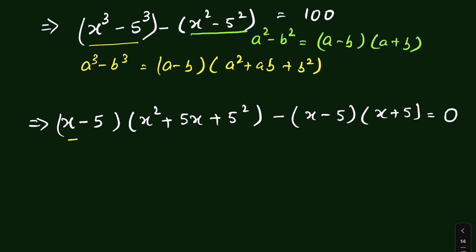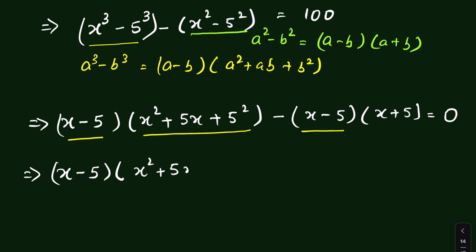Now here x minus 5 is a common factor, so we can write x minus 5 as the common factor. Then the remaining factors are x square plus 5x plus 5 square, which is 25, so x square plus 5x plus 25 minus x plus 5, is equal to 0.